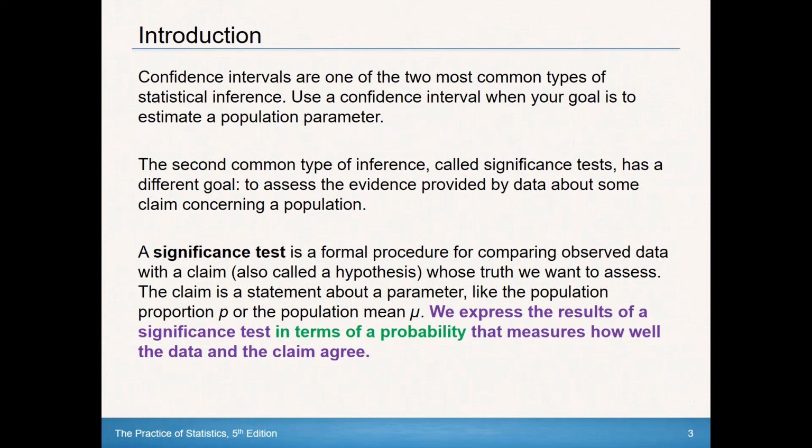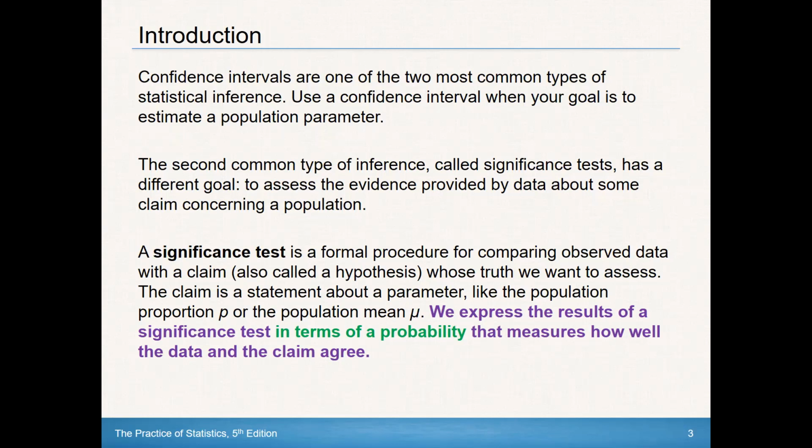A significance test is a formal procedure for comparing observed data with a claim, also known as a hypothesis, whose truth we want to assess. We're trying to make inference about a claim. The claim is a statement about a parameter, such as p, or the population mean, mu, and focus on what you see in this highlighted section, the color coding. We express the results of a significance test in terms of a probability.